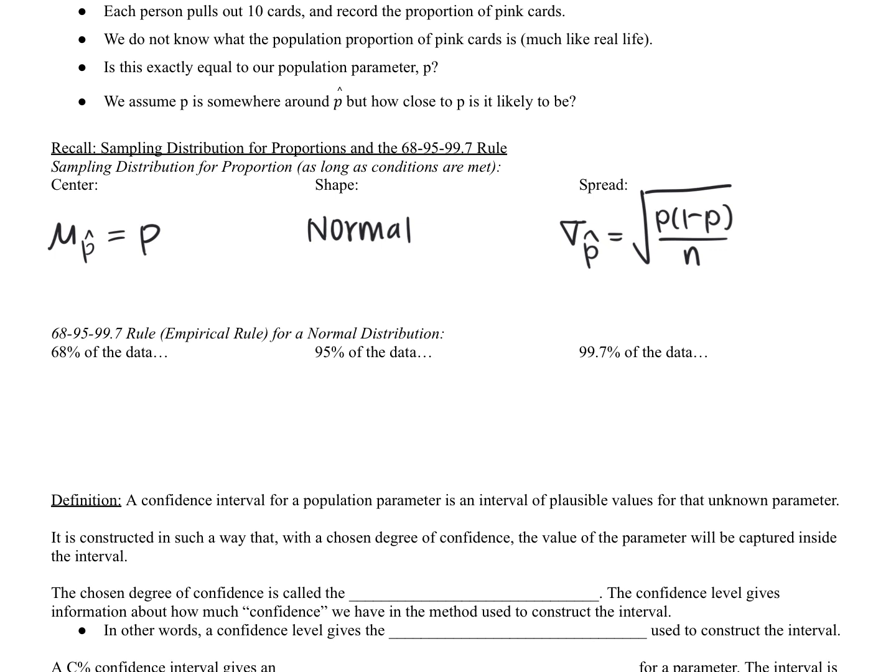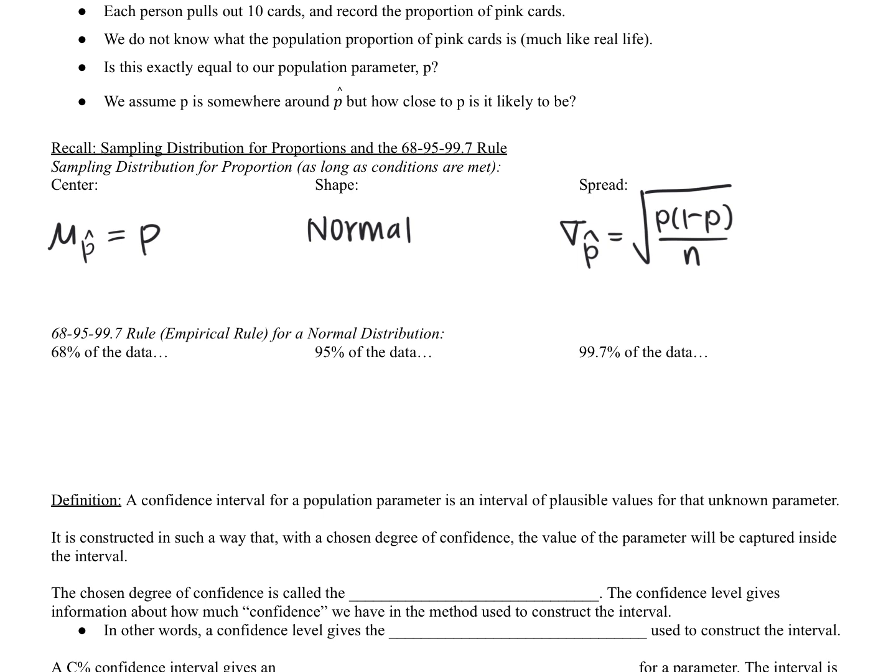And then there's our 10% condition: your sample size has to be less than or equal to 10% of your population. So the conditions don't change for a confidence interval. They're the exact same conditions as for regular sampling distributions.